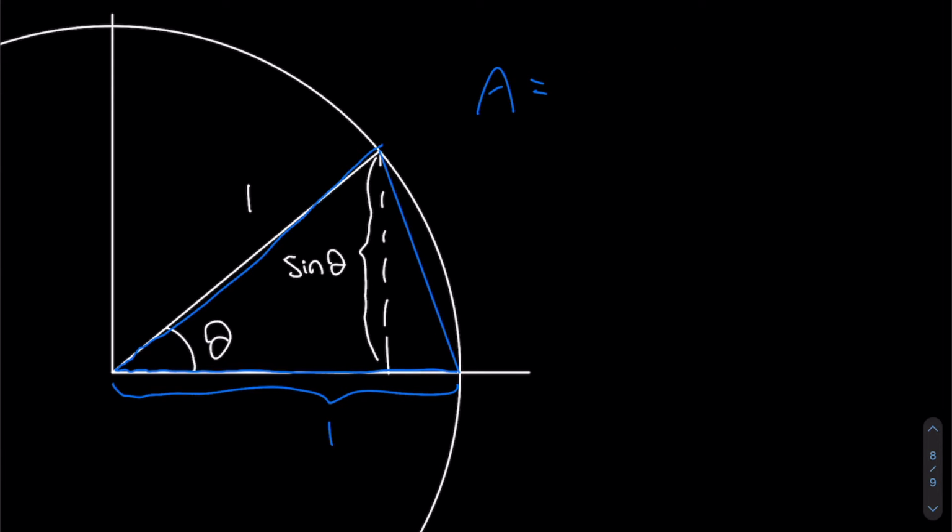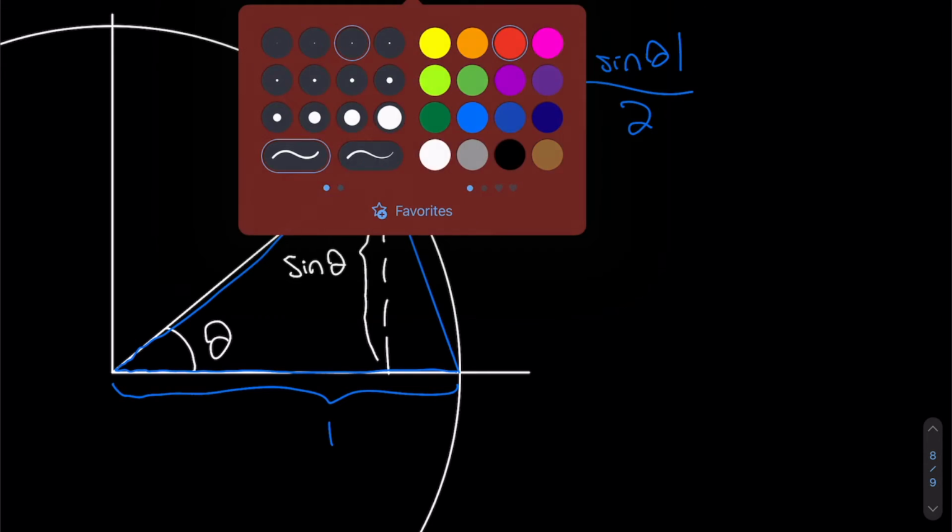The base is 1 times the height, sine theta, and I have to put magnitude signs around it because I'm dealing with actual physical lengths. This is a geometrical proof, and sine theta can be negative sometimes, so I want the magnitude of sine theta. That's the area of the blue triangle.